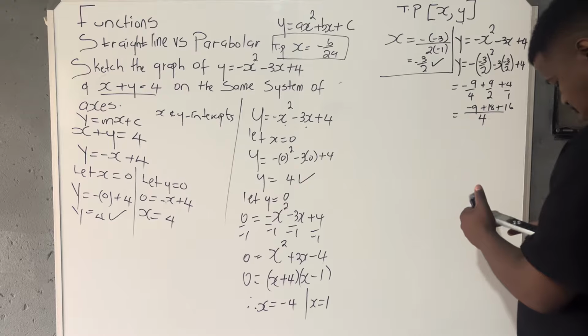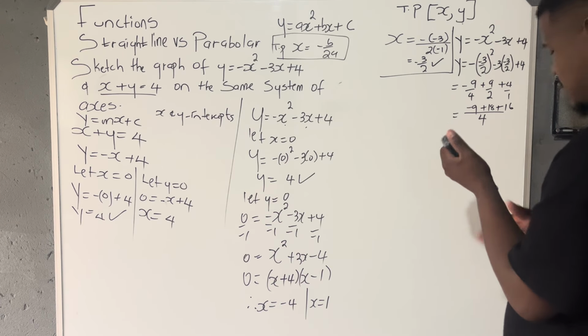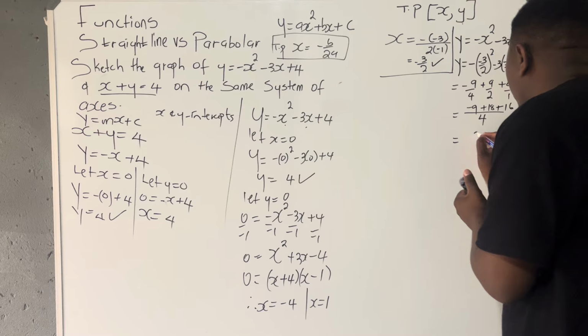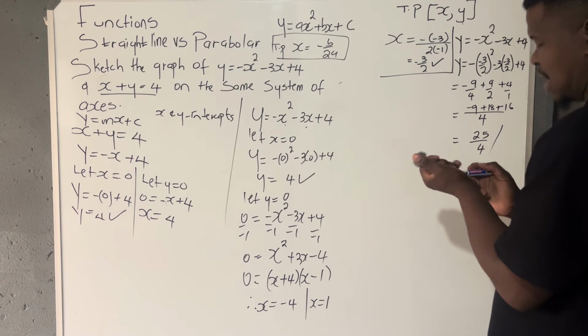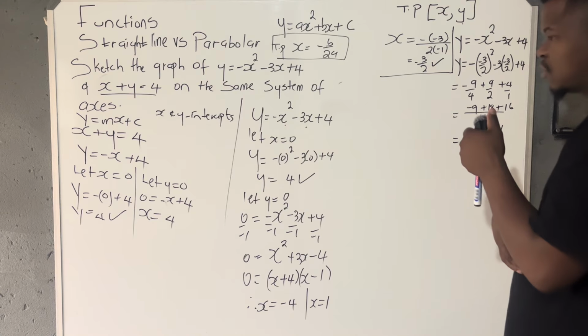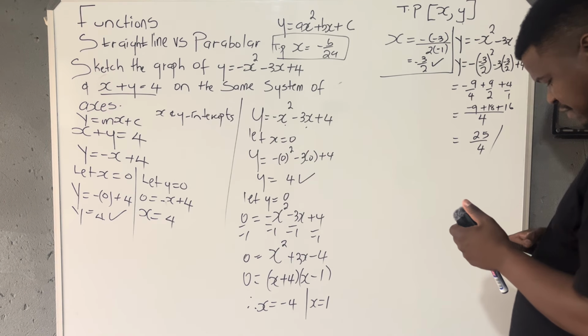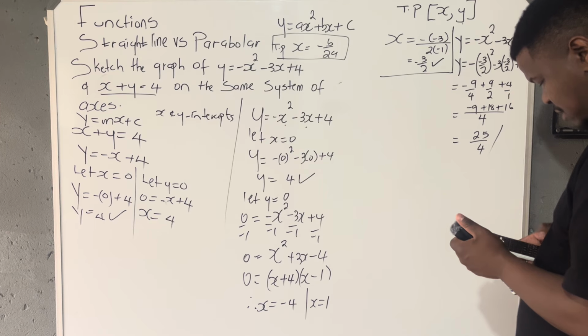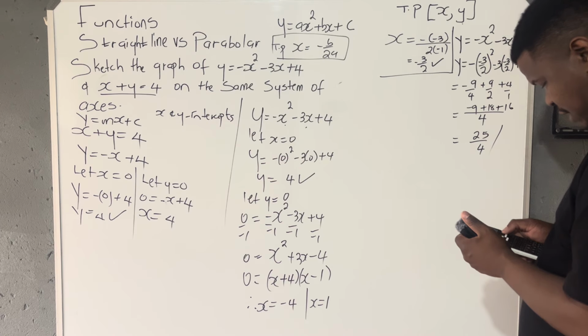Now let's see. 18 plus 16, that's 34. 34 minus 9, that's 25. Yeah. It makes sense now. We are having 25 over 4. But if you have to plot, we are not sure where this is. So you can just convert it into a decimal to have an idea.